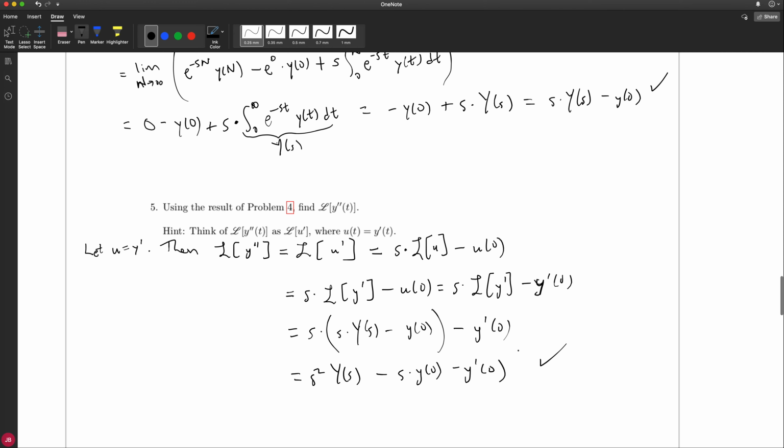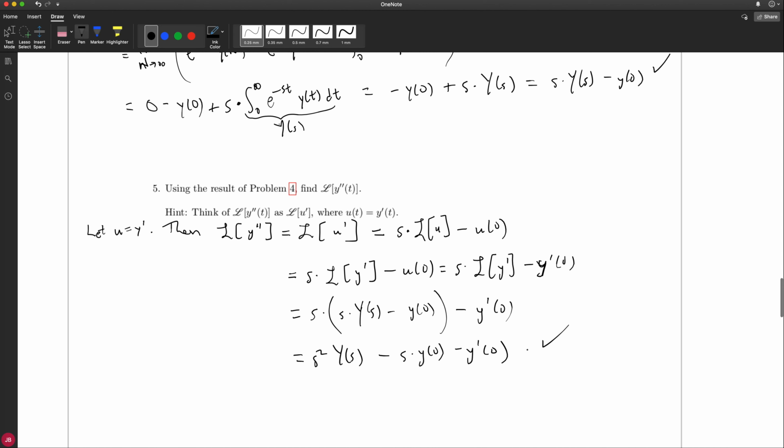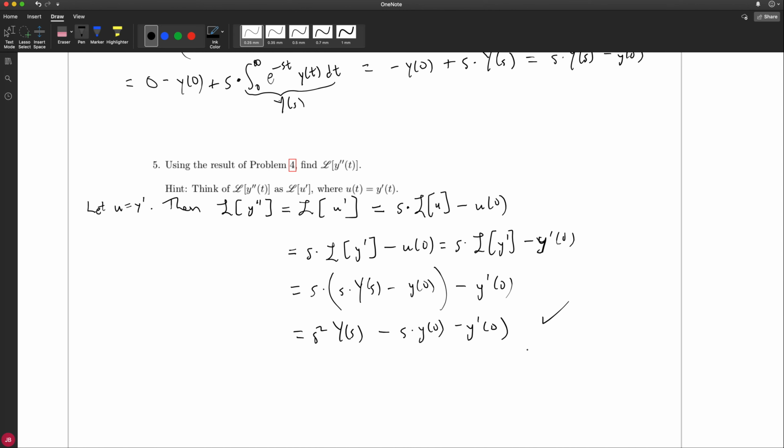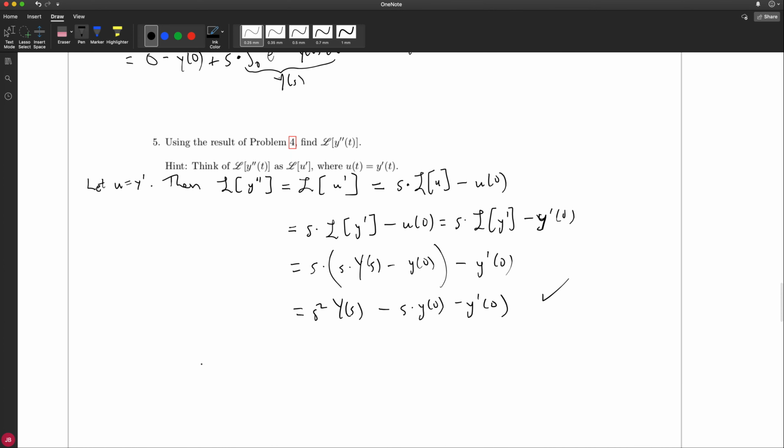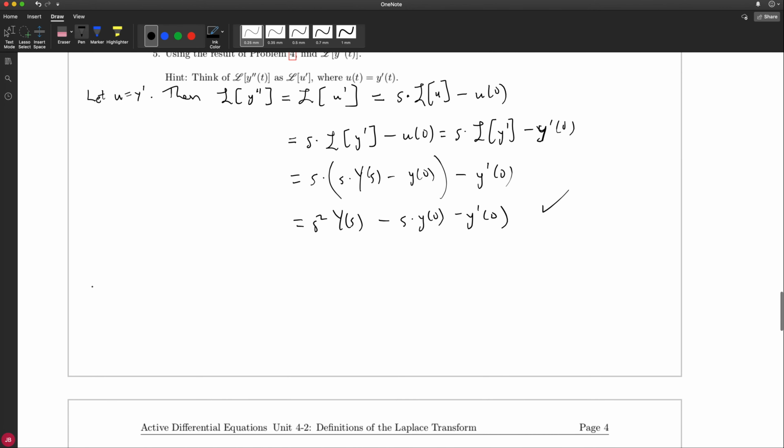Once you have one derivative, you can essentially inductively use that property of the Laplace transform of a derivative to get you the next Laplace transform for the next highest order derivative. This is much easier than, I mean, you could do it the hard way. Let me show you that that's not exactly the best route.